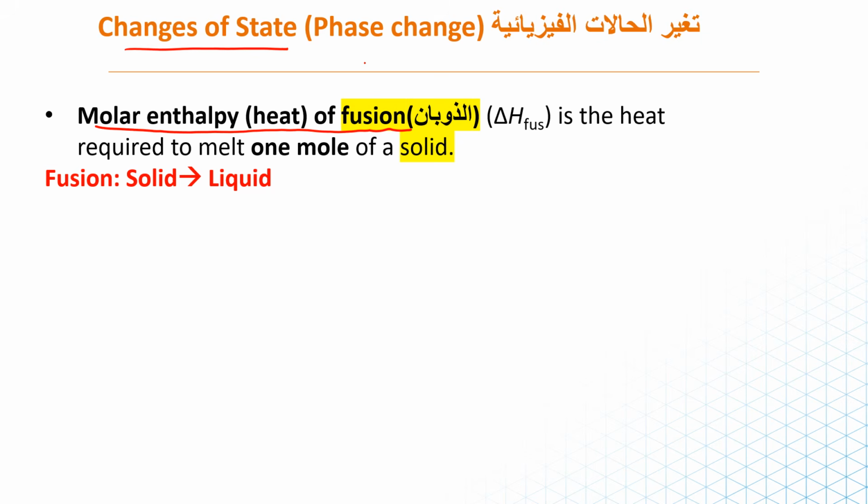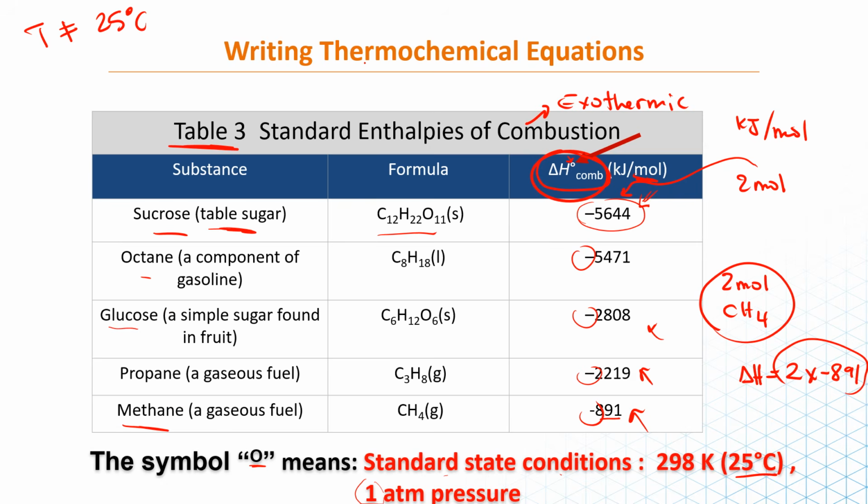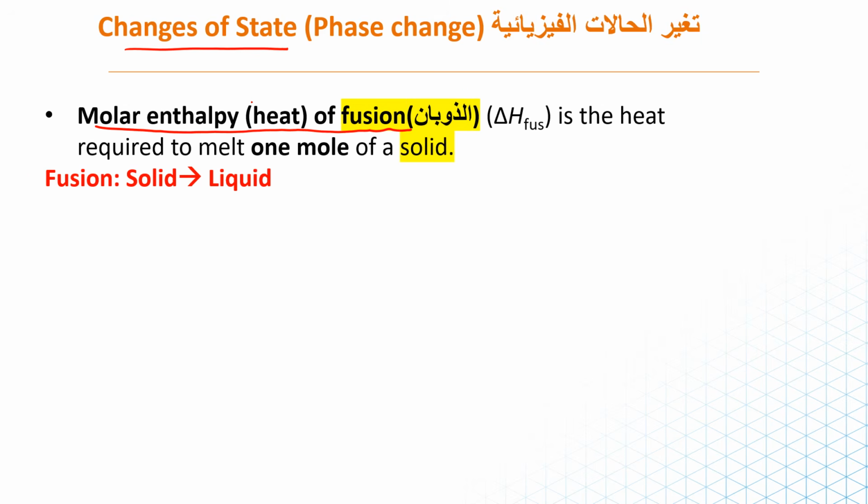So you will notice that we have enthalpy of combustion, delta H combustion. Now, if we have enthalpy of fusion, it means it's the heat that we get from going from solid to liquid. So what's the definition? Delta H fusion means melting, and is the heat required to melt 1 mole of a solid.